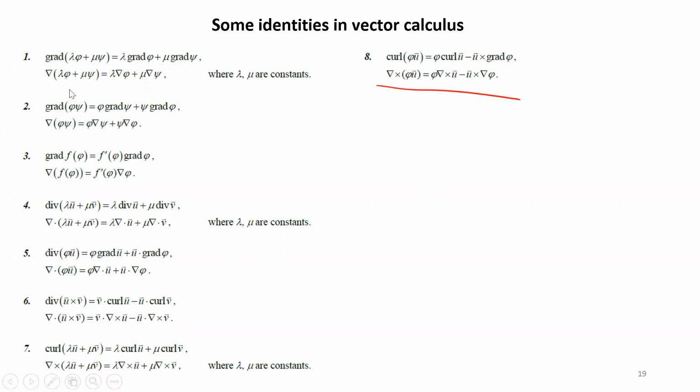For example, the first one looks like the sum rule and the product rule. All these vector calculus identities can be worked out by considering the derivatives term by term, using the sum rule and the product rule for differentiation. Of course, I don't expect you to remember all of them, but as a practice, I give you one of them to work on in your homework.